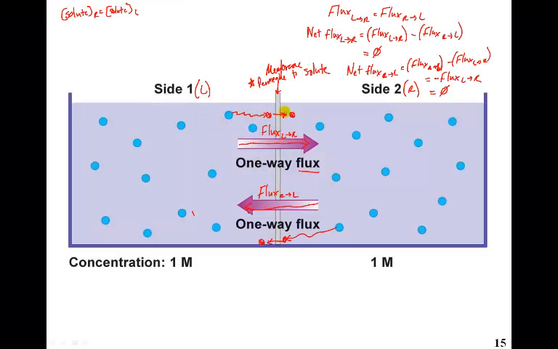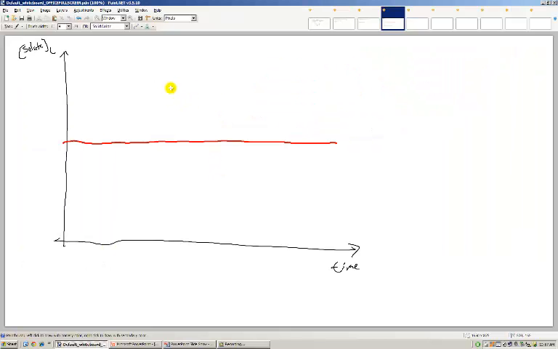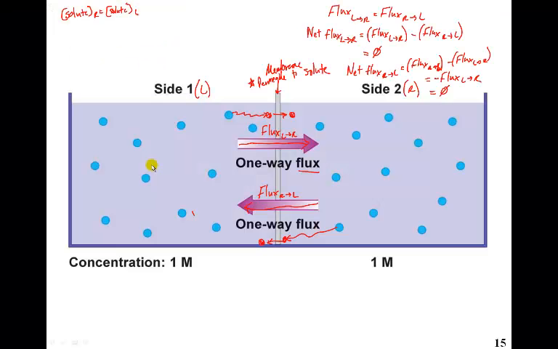You have guys moving from left to right, but you have just as many guys moving from right to left. So the concentration of solute in the left chamber will be stable over time. This is what we call equilibrium. Things aren't changing over time. So when concentrations are equal, there's no net flux. The system's at equilibrium.